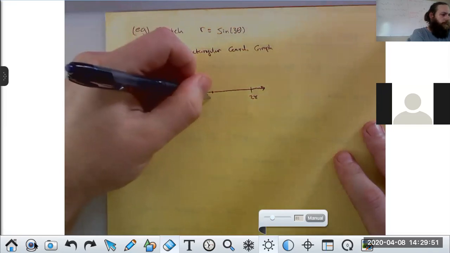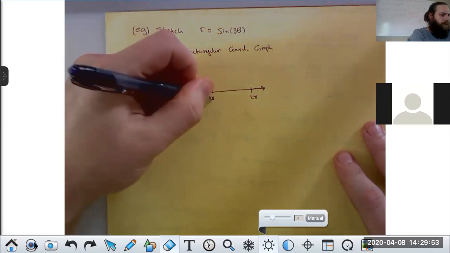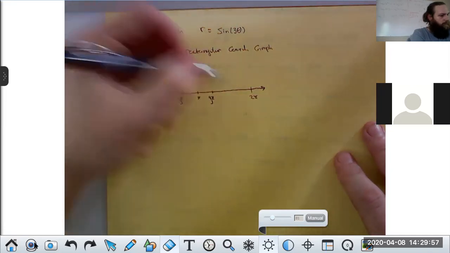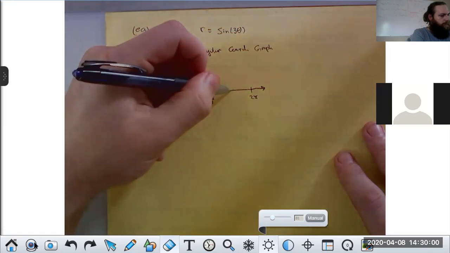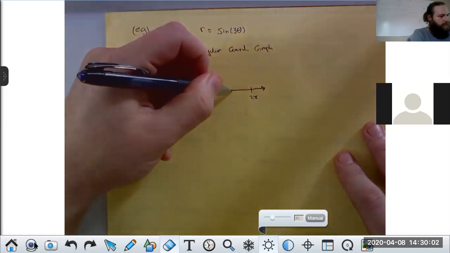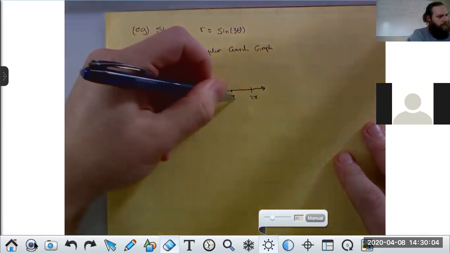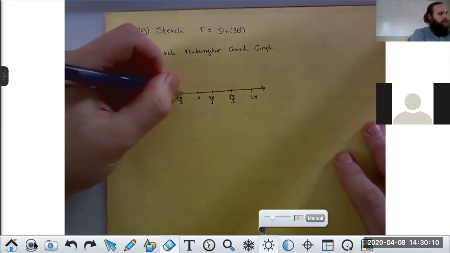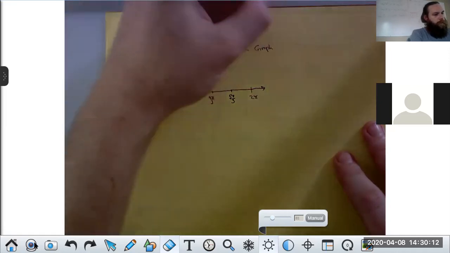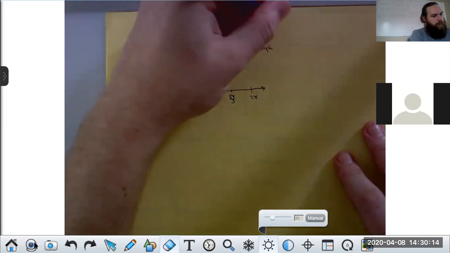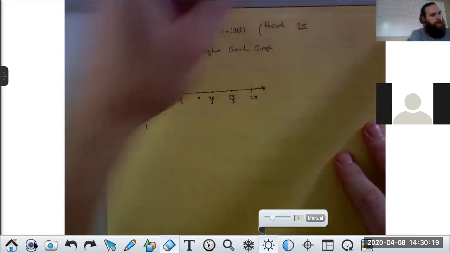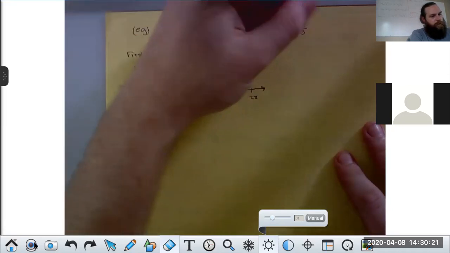This will be 4 pi over 3, and then 5 pi over 3. And then 6 pi over 3 is 2 pi. So this is going to go through one complete cycle by the time I get to 2 pi over 3. The period is always 2 pi divided by whatever that constant is.